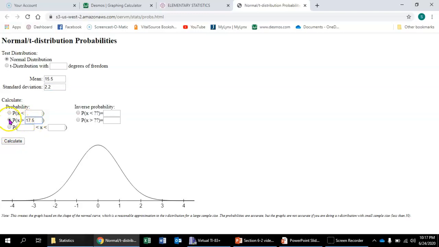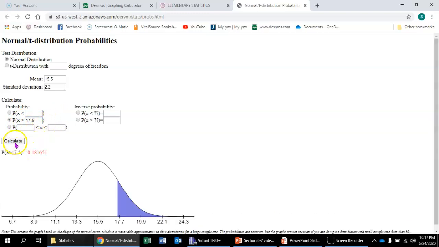So I selected the one with probability of x being greater than blank, and I filled in the blank with the number 17.5. Now I'm going to hit calculate. It showed us a graph with the region that we were talking about shaded here, and it gave us the answer in red here, 0.181651.